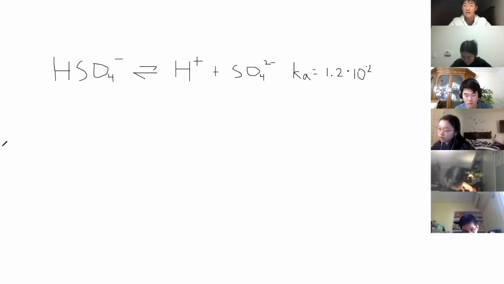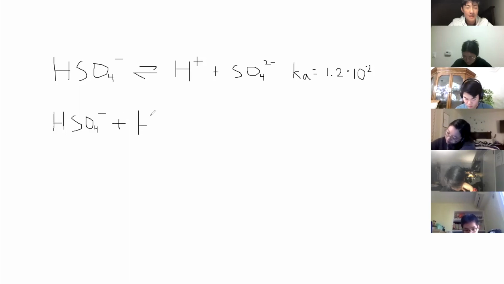But at the same time, because HSO4 minus is an amphoteric acid, it can also act as a base. So if we let HSO4 minus react with water, then it can create a hydroxide ion as well as the conjugate acid, which is H2SO4.